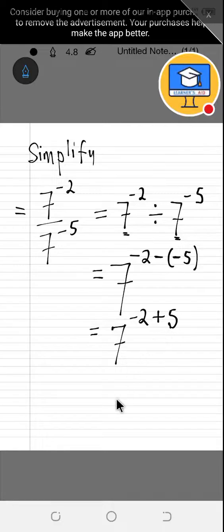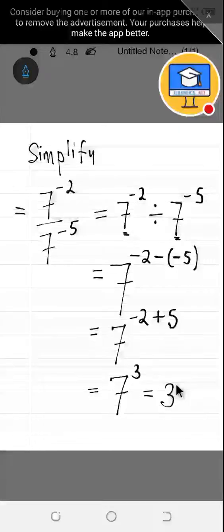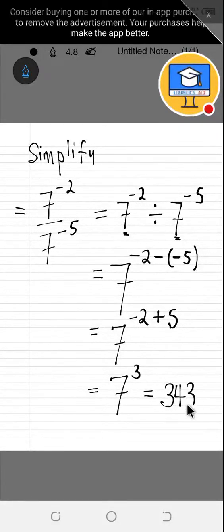So you have 7 to the power negative 2 plus 5. So our final answer is 7 to the power 3, which is equal to 343.